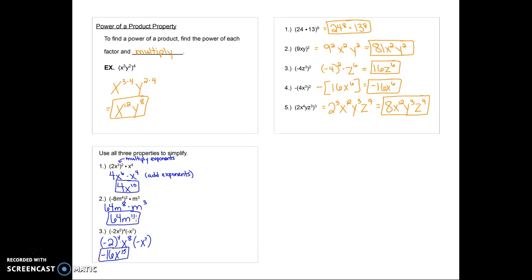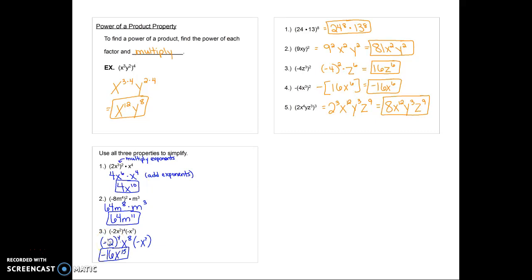Then, very last one, okay, this base is raised to the 4th power. So I have -2 to the 4th power and this x squared to the 4th power. Okay, so -2 to the 4th, x squared to the 4th is really x to the 8th. Then it's being multiplied by this -x to the 7th. -2 to the 4th power means -2 times -2 times -2 times -2.